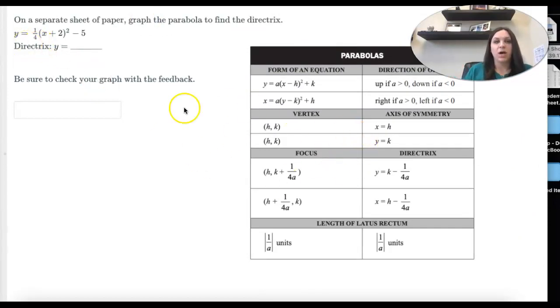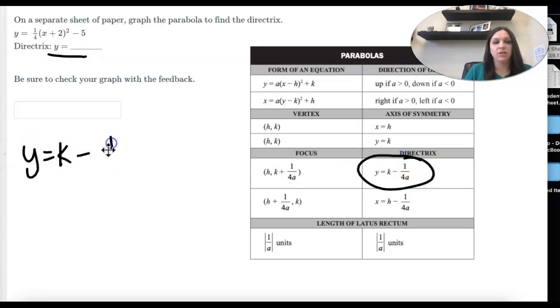So it's y equals directrix. So we're going to use k minus 1 over 4a. A is 1/4. K is -5. And I got those from here.